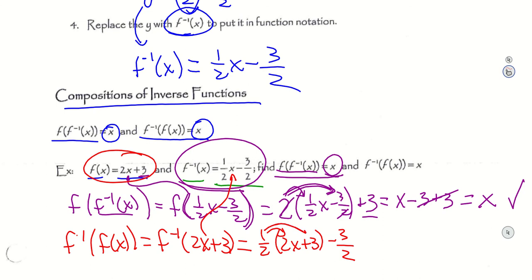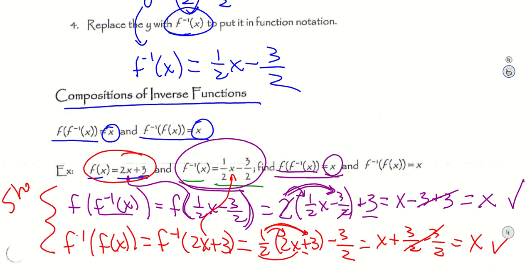Distributing this 1/2 across this addition sign gives us 1/2 times 2 is 1, so x, plus 1/2 times 3 is 3/2, minus 3/2. Those 3/2 subtract out, and again we get x, exactly what we were looking for. And when we do this, we are showing that they're inverses.